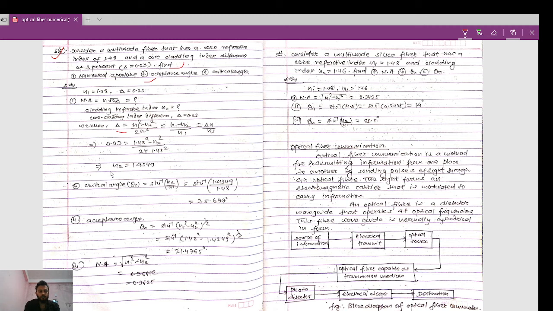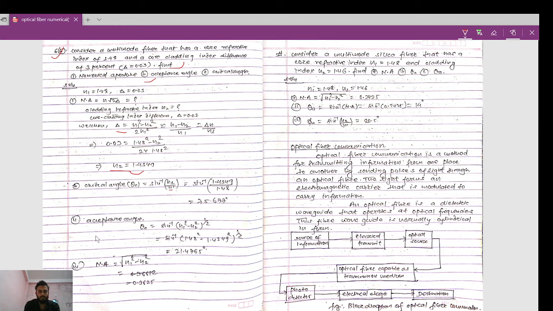If you calculate, we will get n2 as 1.43497. To calculate critical angle, that is theta c, we have the formula sin inverse n2 upon n1. The value of n1 is already given in the question, and the value of n2 we have just obtained. On substituting n2 and n1, we will get 75.677 degrees.